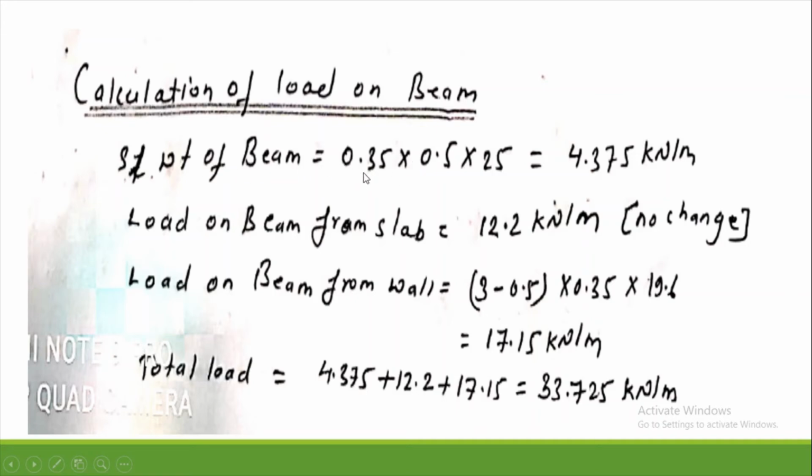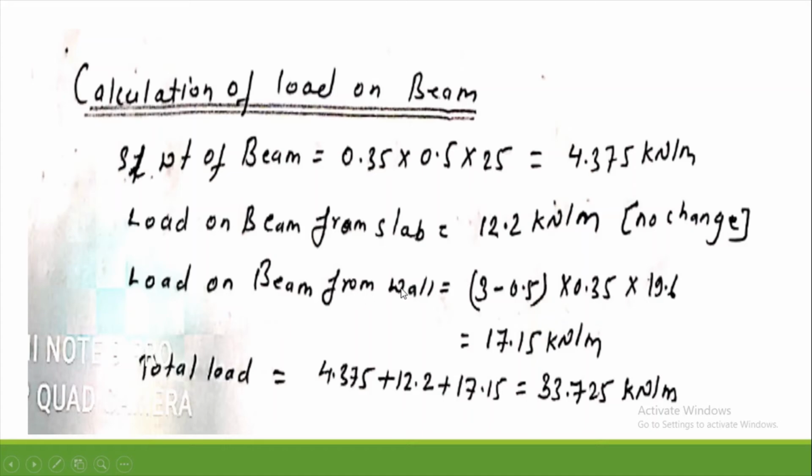Here 0.35 is the width of beams, and 0.5 is the depth of beams. When we multiply by the unit weight of RCC, we get 4.375 kilonewton per meter self weight of beams. Now load on beams remains the same, because it does not depend on sections. It is 12.2 kilonewton per meter.